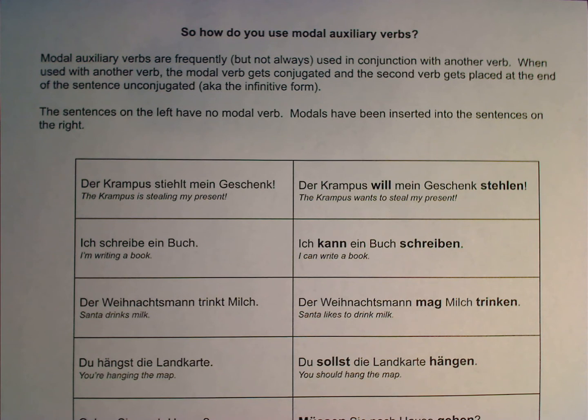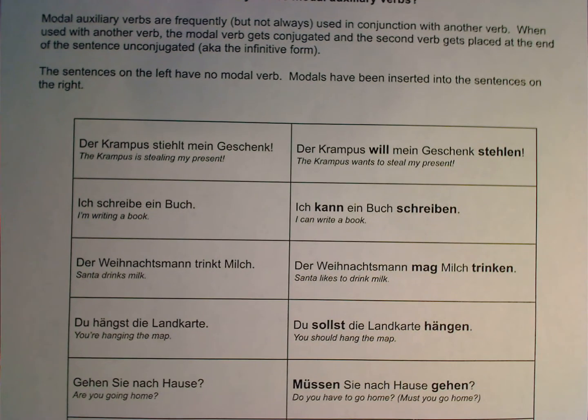Remember, when a verb is unconjugated, it's called an infinitive. So in a sentence that has a modal auxiliary verb, the modal gets conjugated and goes in the regular verb place, and the other verb goes way at the end of the sentence unconjugated, meaning it's going to end in an en. Let's take a look at these sample sentences.